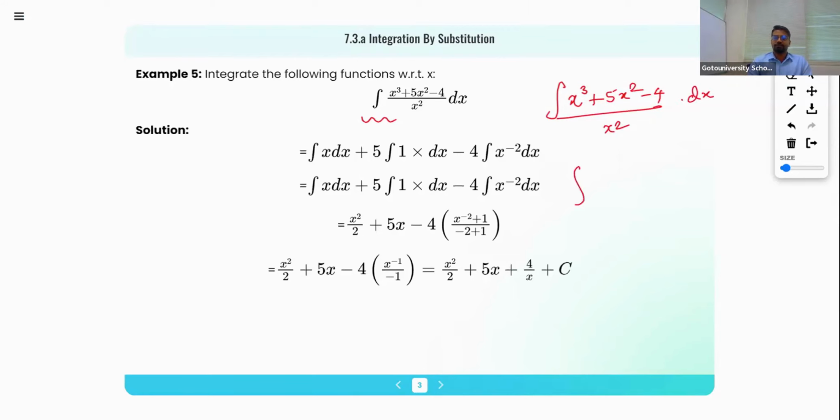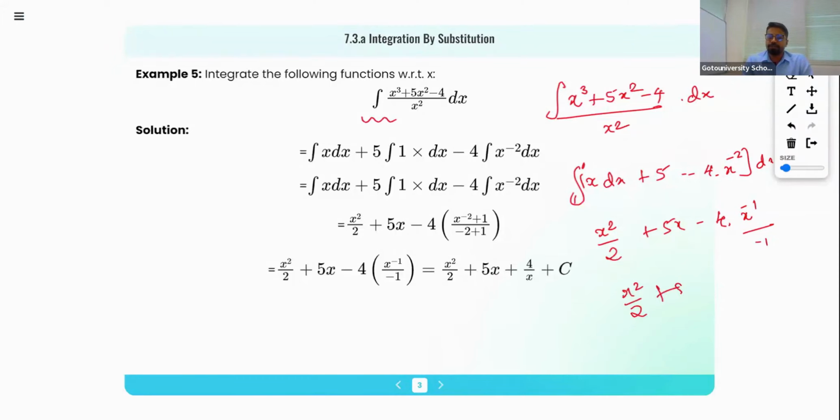When you divide them carefully, it is (x plus 5 minus 4 into x power minus 2) dx. So we know how to integrate this. The integration of this is x square by 2 plus 5x minus 4 into x power minus 1 by minus 1, which will be simply x square by 2 plus 5x plus 4 by x, right? This is one way to do this. Is there any other way to do this?